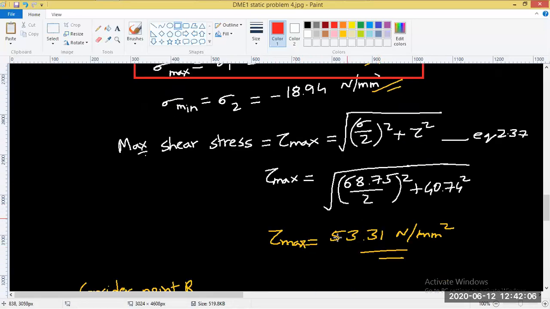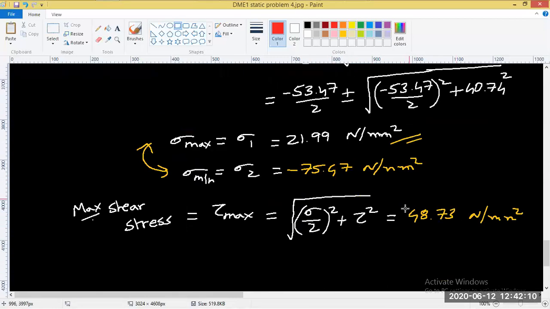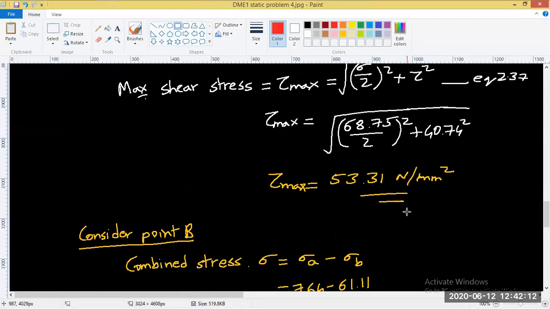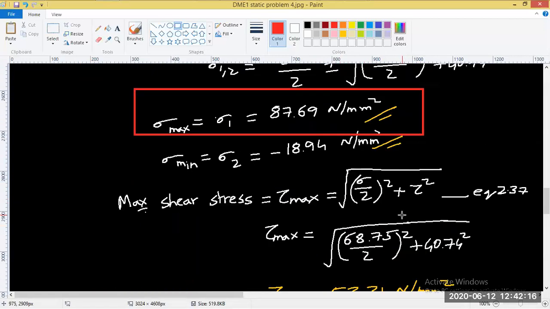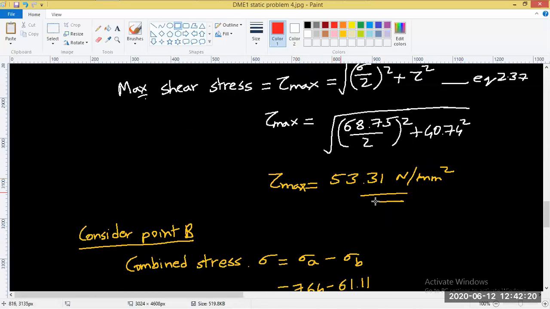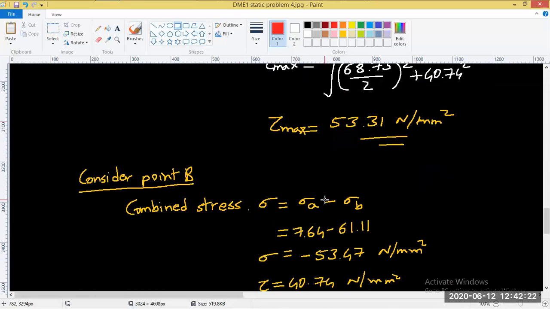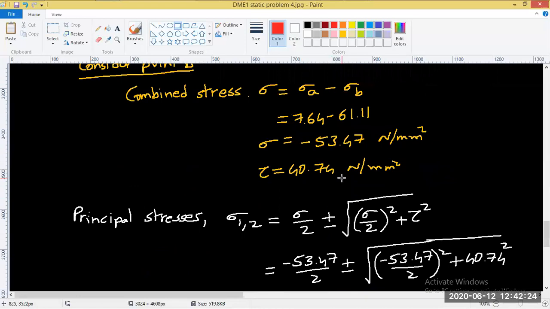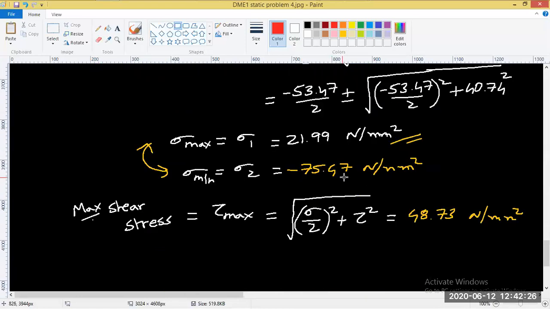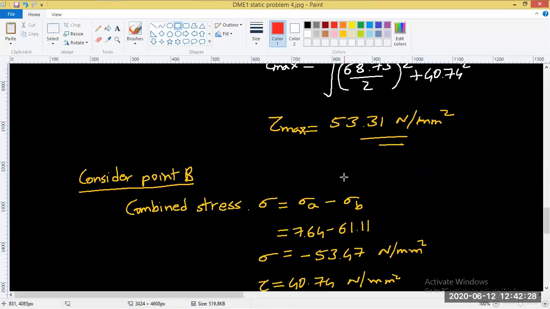Also, you can see the shear stress values. Point A is 5.3 and point B is around 4.8. So point A is again more vulnerable here for shear stress. So you take sigma 1 and this tau max for maximum values, and that's how you solve the problem, right? So that's about this problem.